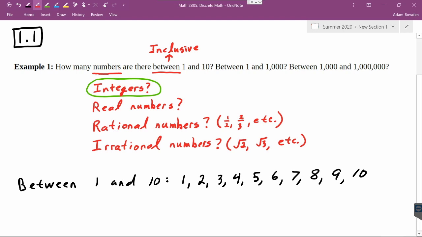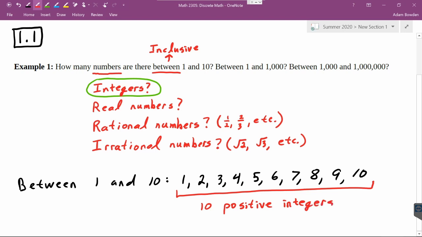So we can see pretty clearly that when we deal with just positive integers and inclusive of between, we have 10 positive integers between 1 and 10. A fairly simple count of the numbers, not a whole lot more to say.